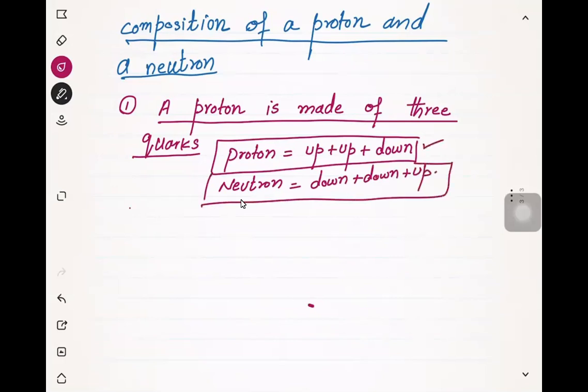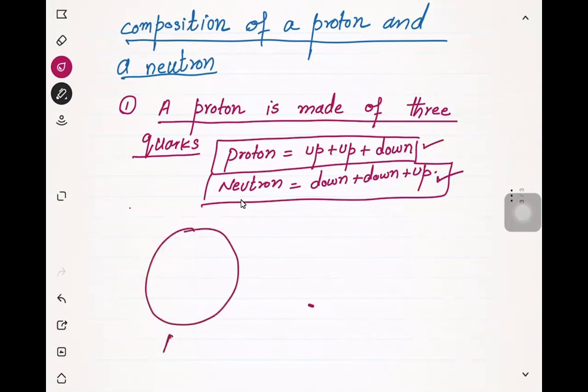So a proton is made of three quarks, and a neutron is also made of three quarks. For a proton, we have up, up, and down, and for a neutron, we have down, down, and up. This is the composition you need to remember.